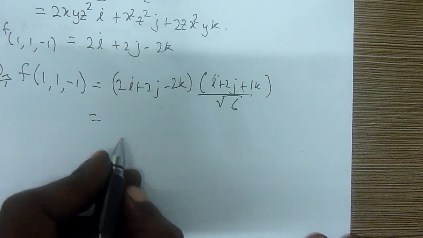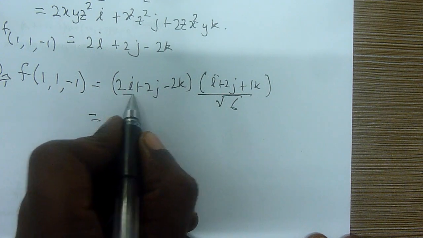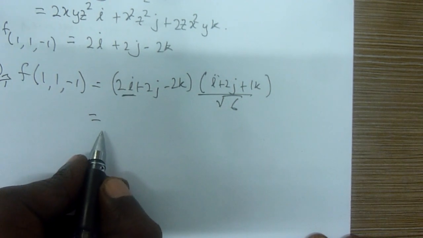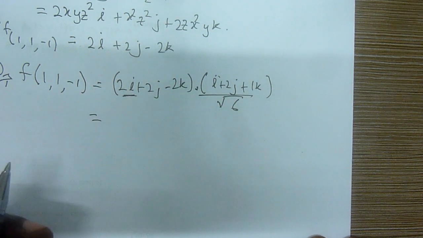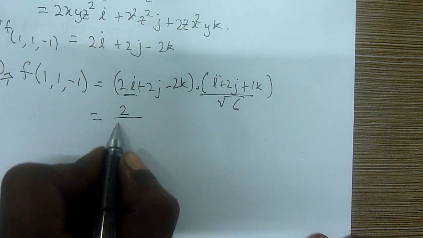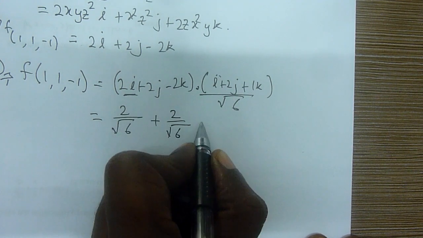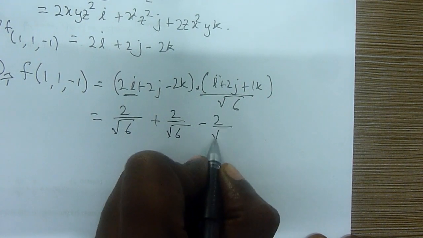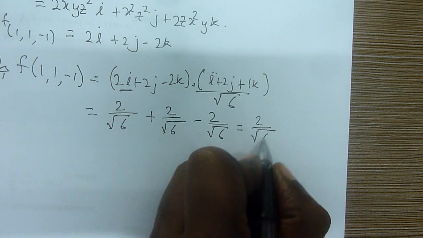Okay, then when you multiply, you just concentrate on the same components. This is a dot product, remember, it's a dot product we are referring to. Therefore, you will get 2 over the square root of 6, minus 2 over the square root of 6. Therefore, you get 6.